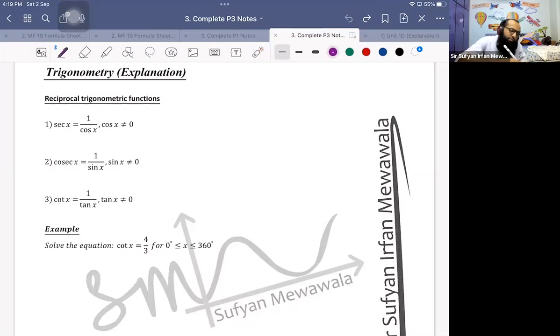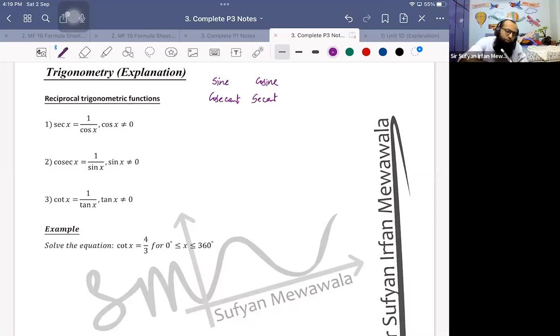So the reciprocal of sine function is called cosecant. The reciprocal of cosine function is called secant. In short form, we say sec and cosec.